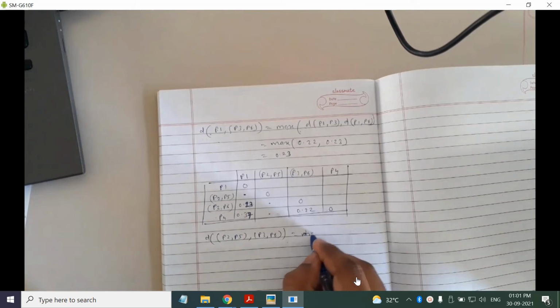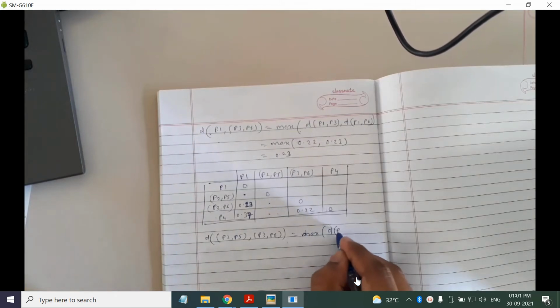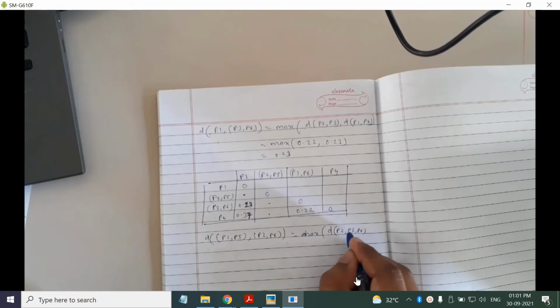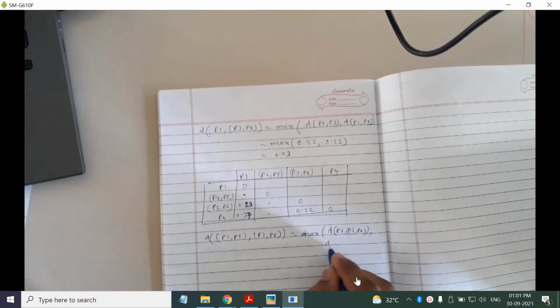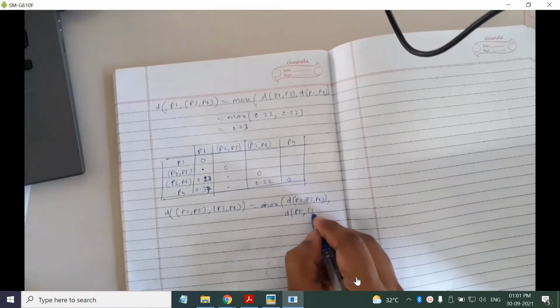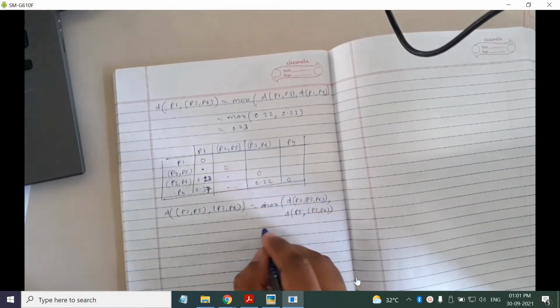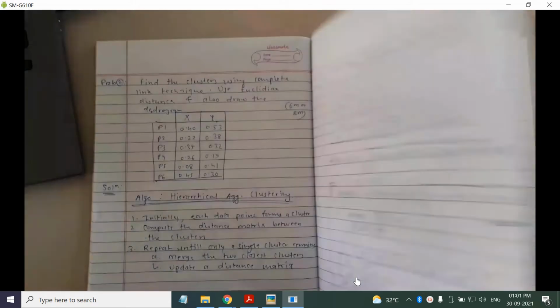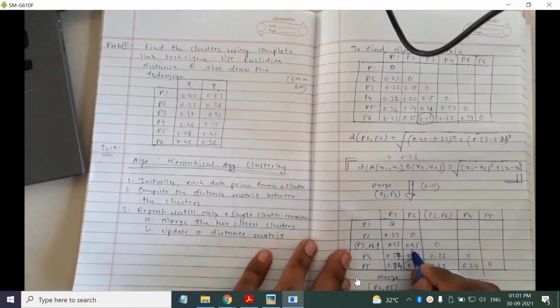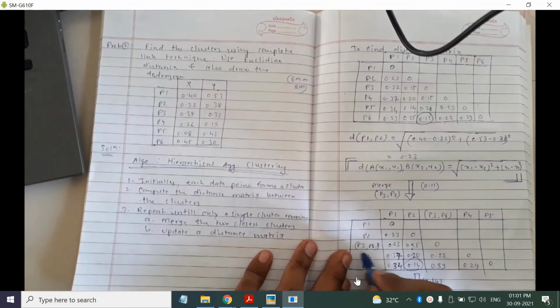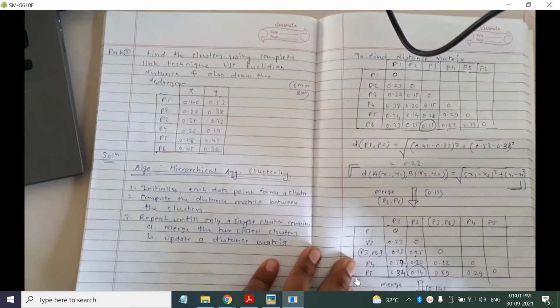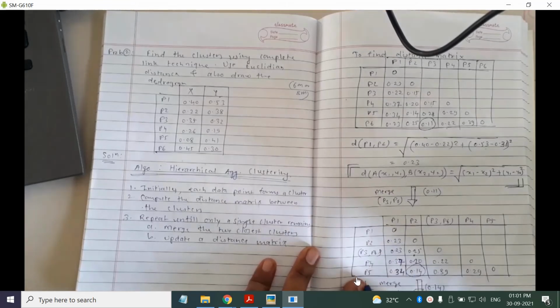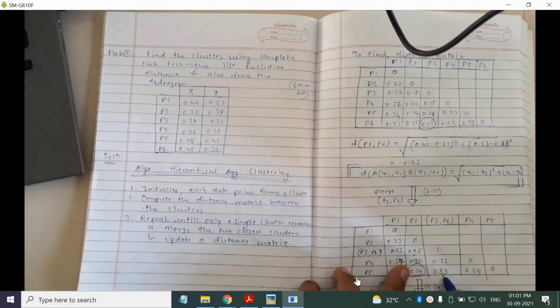So you have to take the max between the distances of P2 to P3 P6 and P5 to P3 P6, that is 0.39.